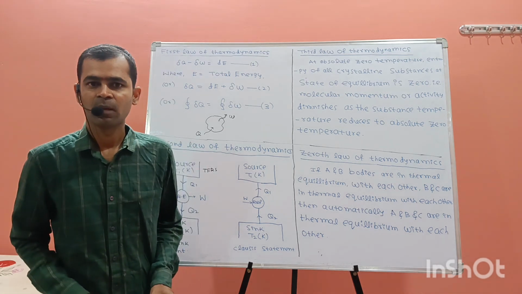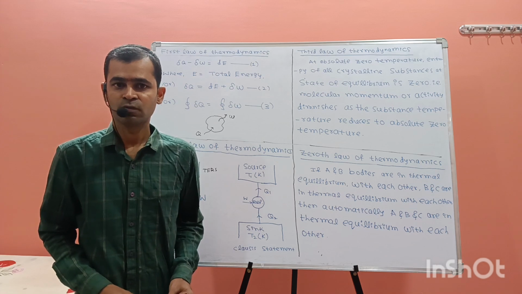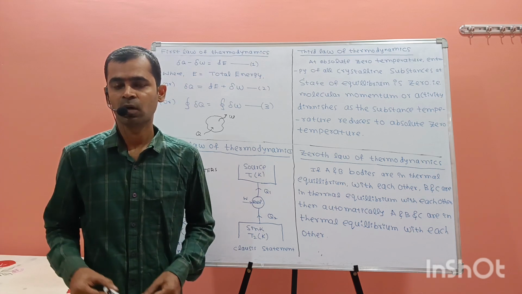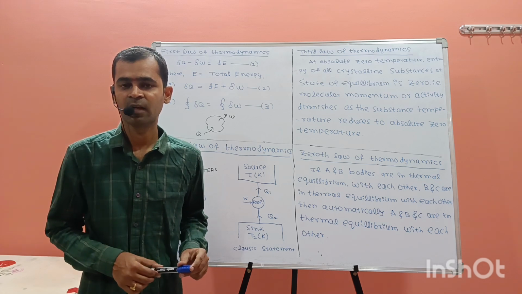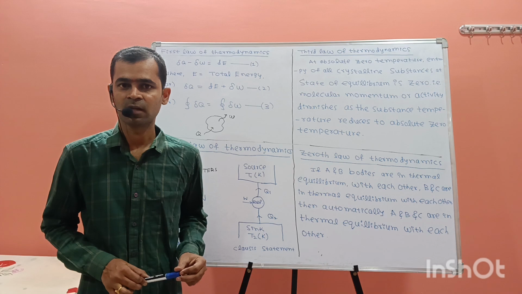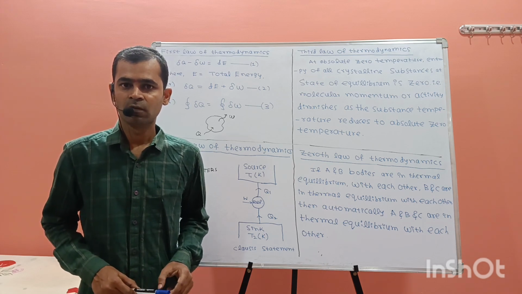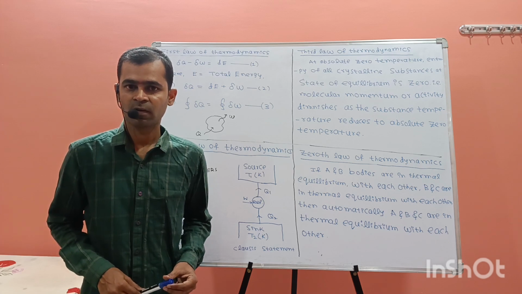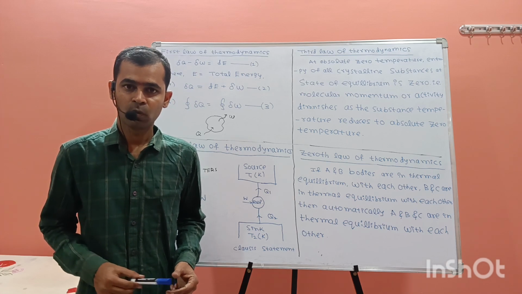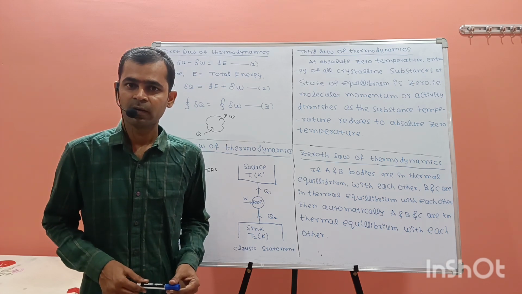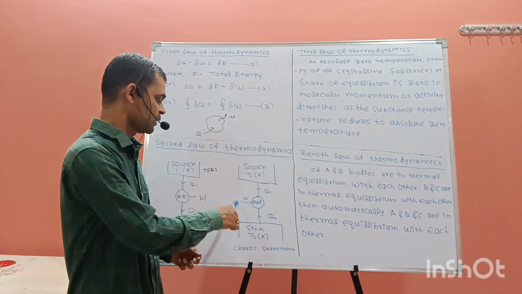So in second law of thermodynamics, how the heat is transformed from one temperature region to other temperature region. Two thermal energy reservoirs are there: high thermal energy reservoir, low thermal energy reservoir. So second law of thermodynamics says the heat is transferred from high thermal energy reservoir to low thermal energy reservoir, and it can be transformed from low energy to high energy when external agency is, like work is done on the system.